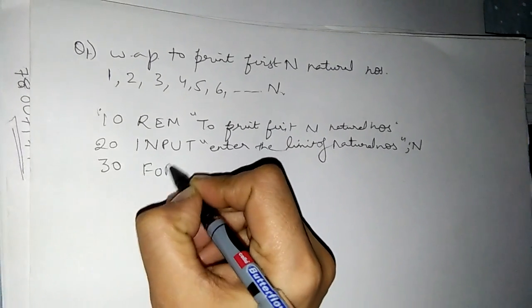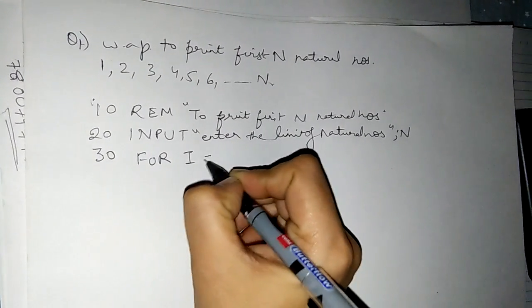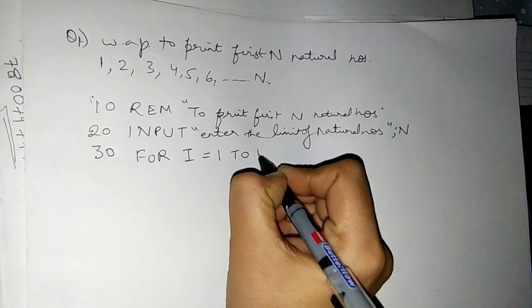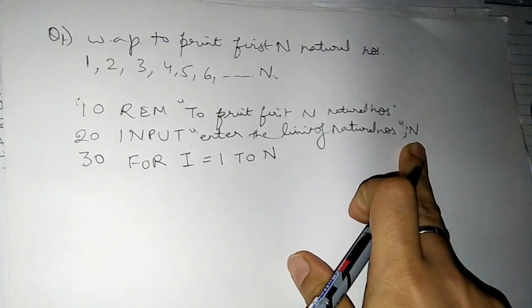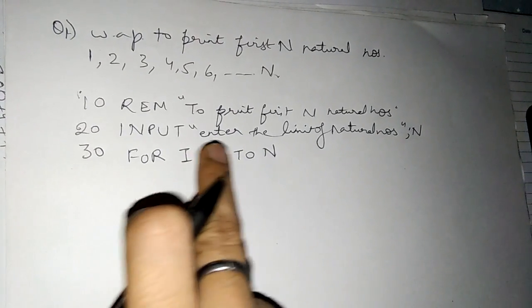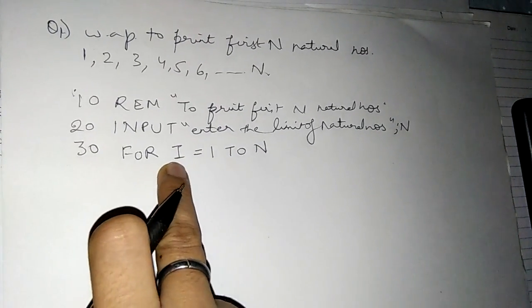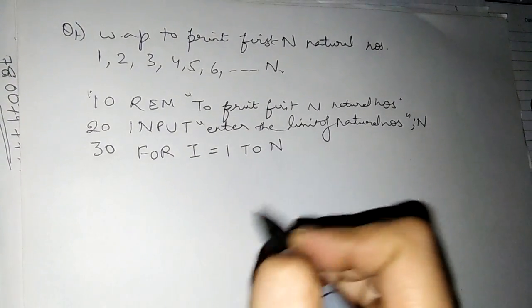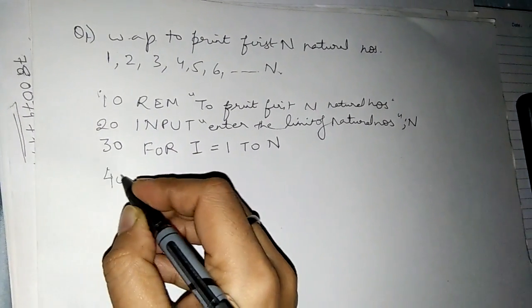Now I will start the FOR loop, FOR I = 1 TO n. Whatever value I have given, this loop will be repeated from I equal to 1 to I equal to n, and I will be increased 1 by 1. What I have to print?